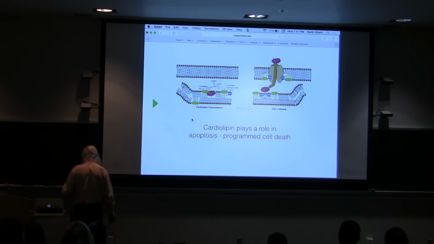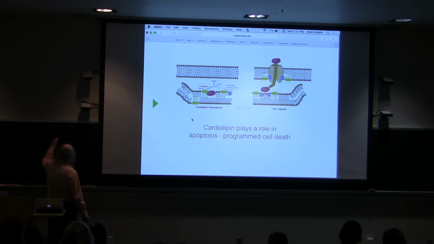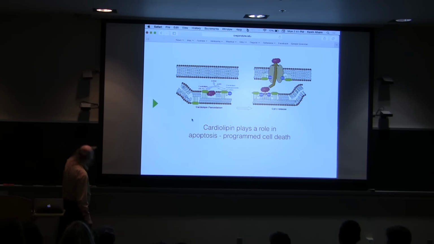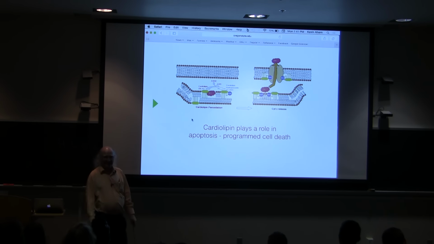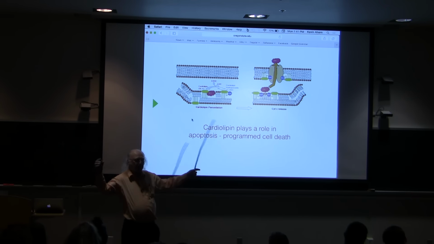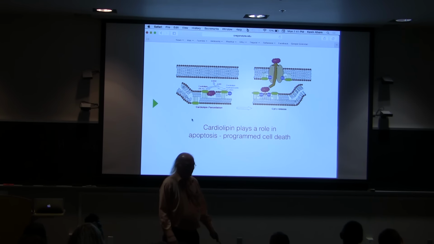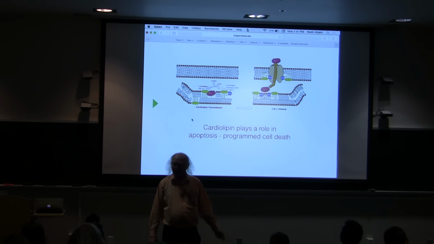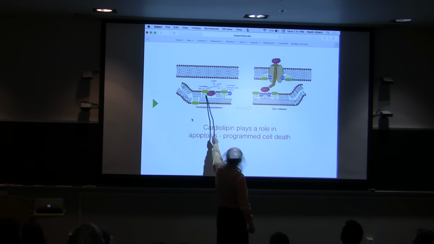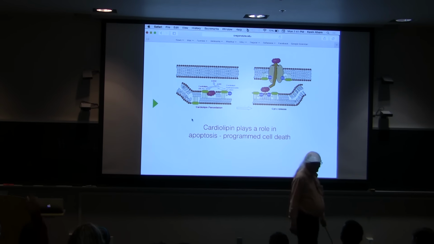Let me draw something for you here. HOOH. That is a peroxide. How do you get a peroxide? Well, it is a reactive oxygen species, but how do we get from here to here?